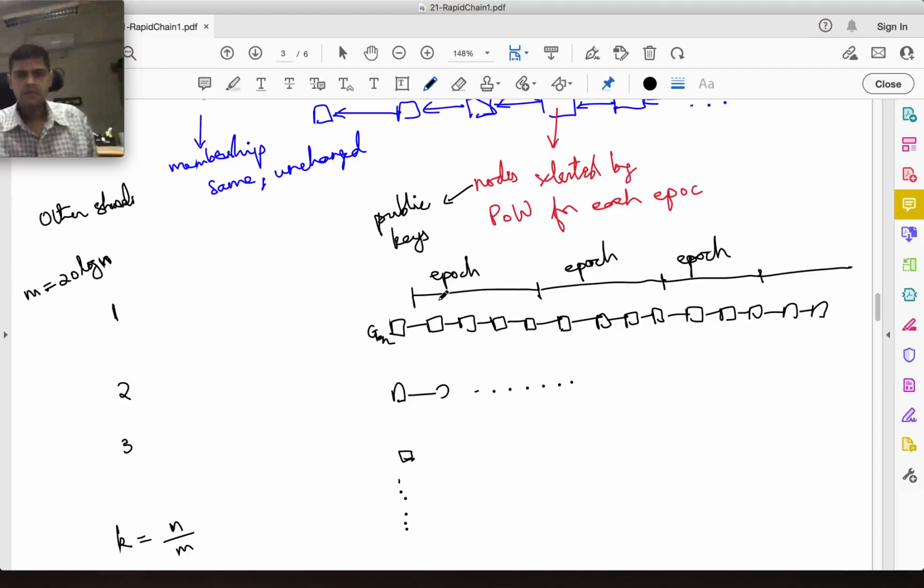Okay, so what happens in each epoch? When we go from one epoch to the next, we want to modify the set of nodes which do consensus.